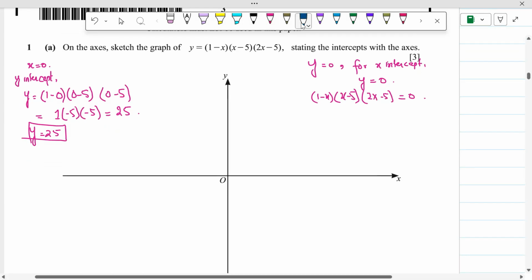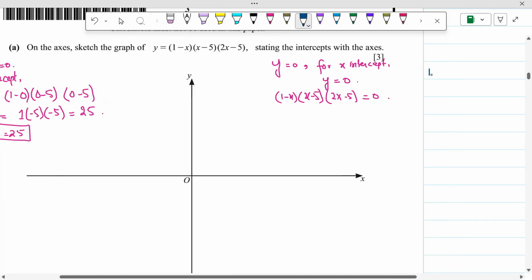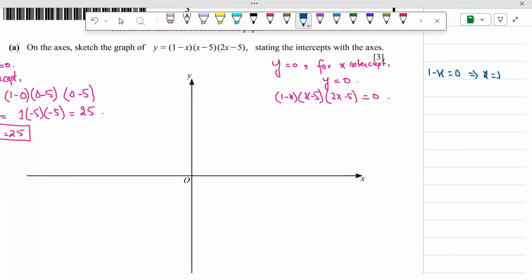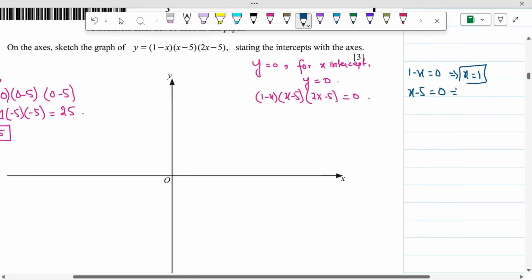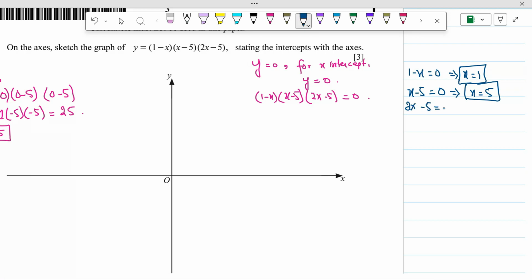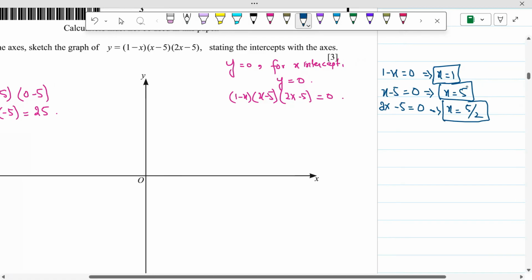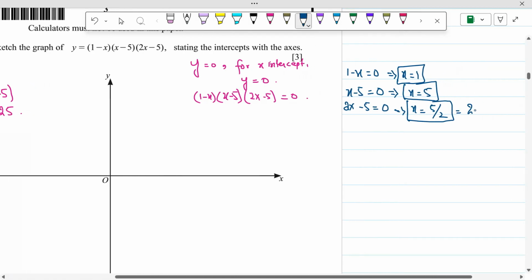Equating each factor with 0: 1 minus x equals 0 gives x equals 1. x minus 5 equals 0 gives x equals 5. And the third factor, 2x minus 5 equals 0, gives x equals 5 over 2, which is 2.5.